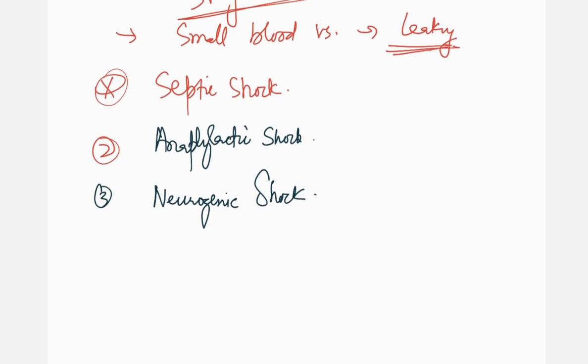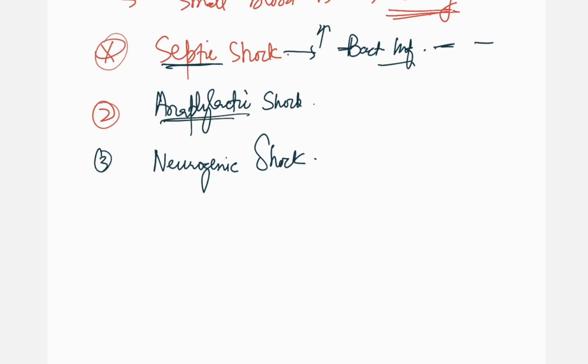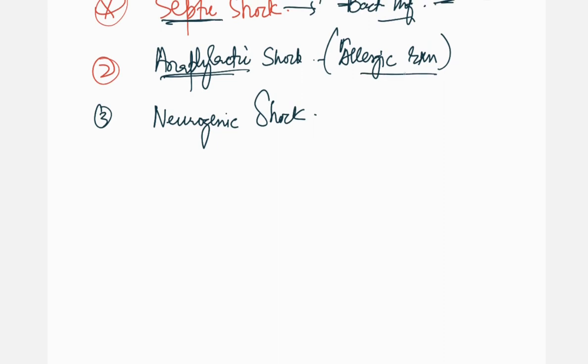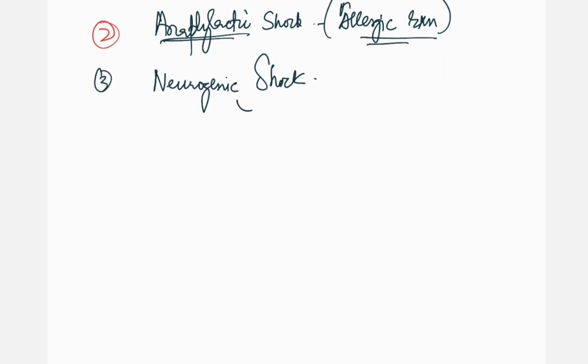Septic shock, as the name suggests, is usually from a severe bacterial infection, which can cause sepsis that gets so bad it leads to septic shock. Anaphylactic shock is usually from a severe allergic reaction. And neurogenic shock is usually from damage to the nervous system.